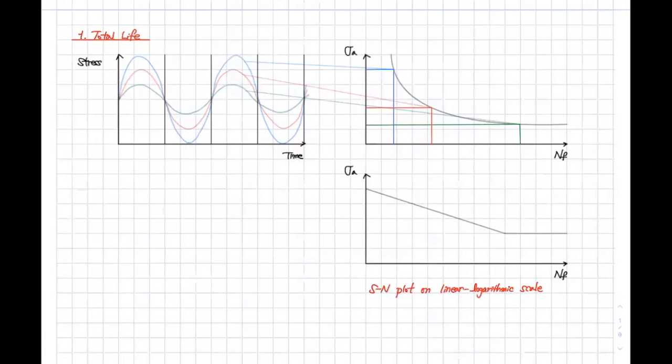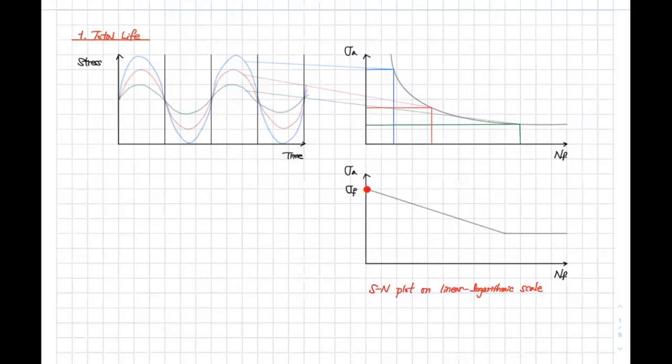Okay, then you have to understand the values here. First, what's the intersection right here? The y-axis intersection, we can call the fracture stress.